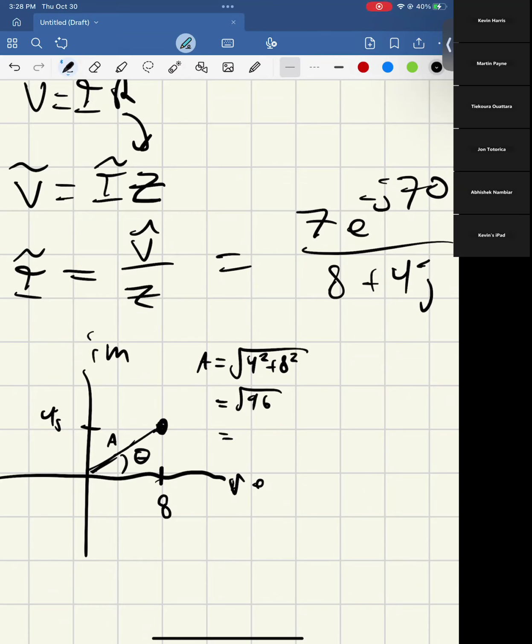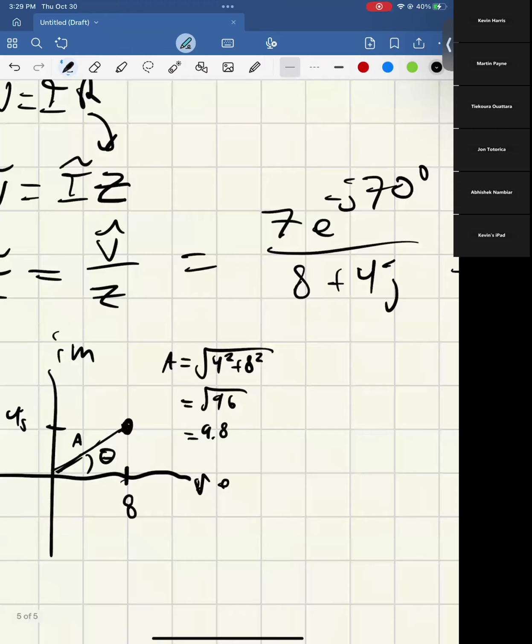I'll just plug it into my calculator. The square root of 96 is 9.79. It's like 9.8. Close enough.